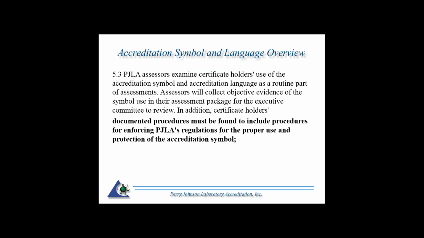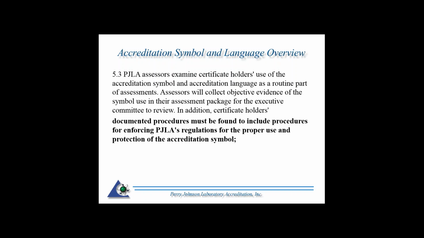In 5.3 of SOP3, PJLA assessors will examine certificate holders' use of the accreditation symbol and accrediting language as a routine part of assessments. Assessors will collect objective evidence of the symbol used in their assessment package for the executive committee to review.